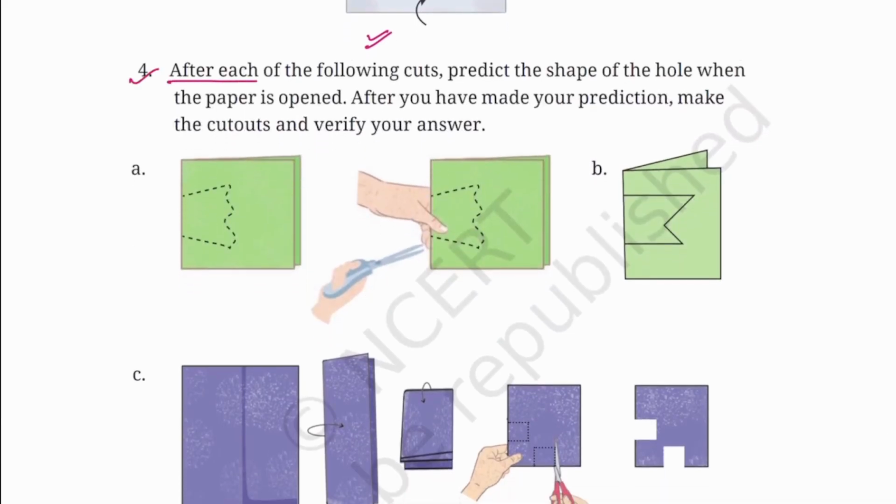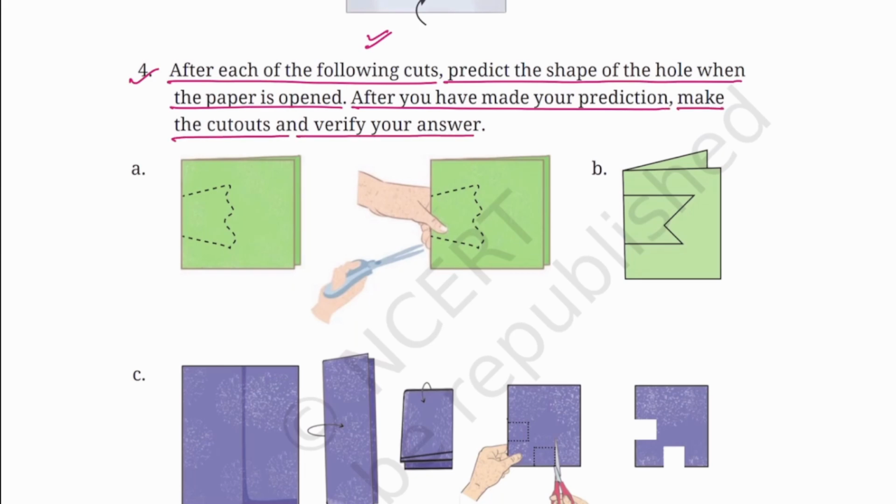4. After each of the following cuts, predict the shape of the hole when the paper is opened. After you have made your prediction, make the cutouts and verify your answer. A. If a cut is made along this line, and when the paper is unfolded, you will get a hole of this shape.